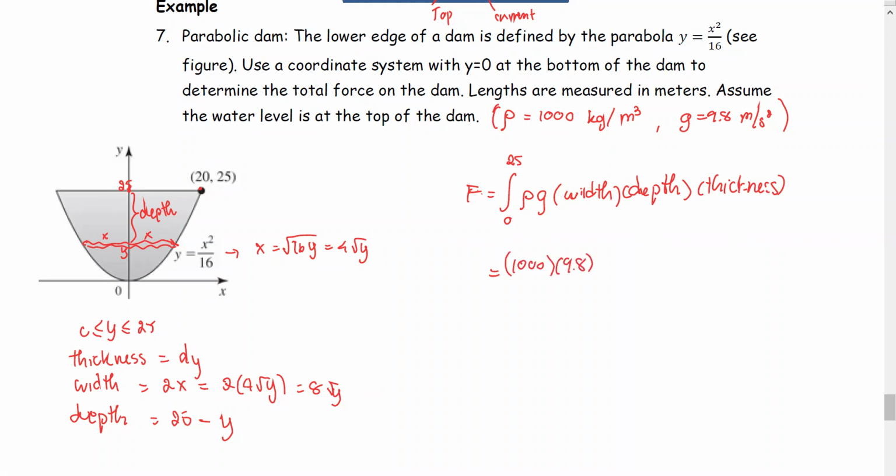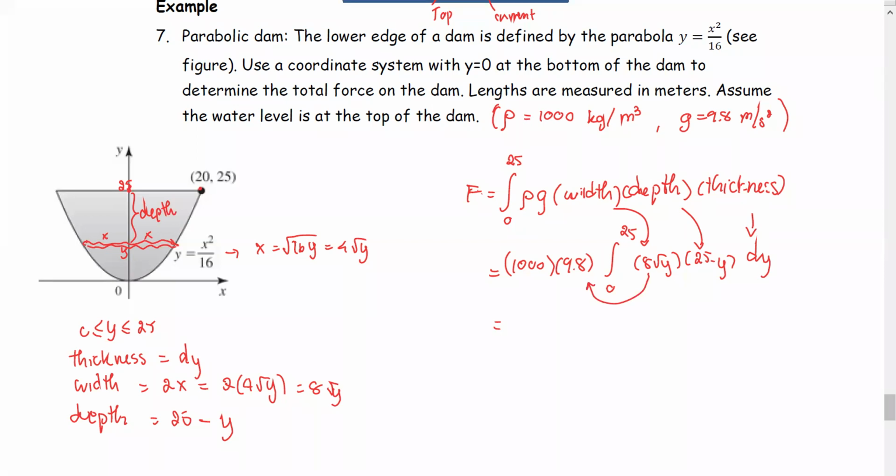We take it out of the integral, which is from 0 to 25. And the width is 8 times square root y. The depth is 25 minus y. The thickness is dy. And simplify the integrand. And we can also bring the 8 outside of the integral.